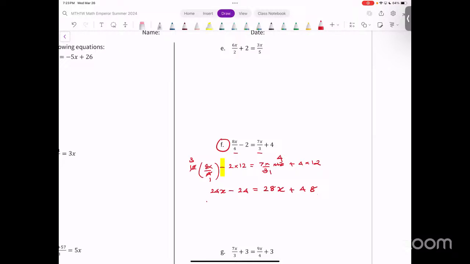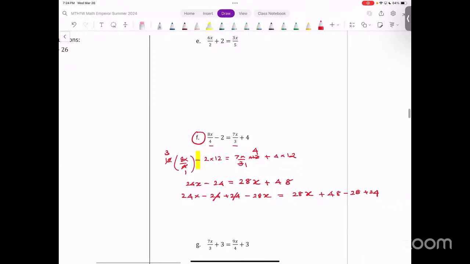We can add the 24 to both sides and also subtract 28x to do all of them in one shot this time. I'm just showing all the opposite operations I'm doing on both sides. 24x minus 28x is this.